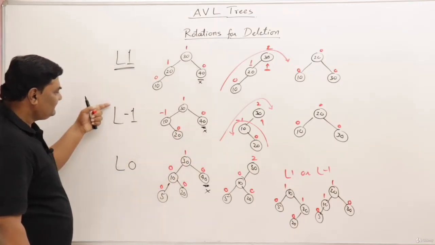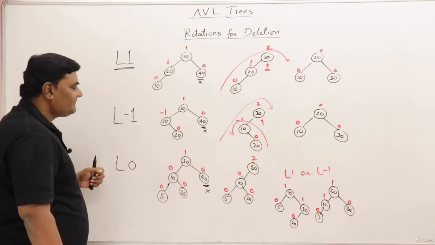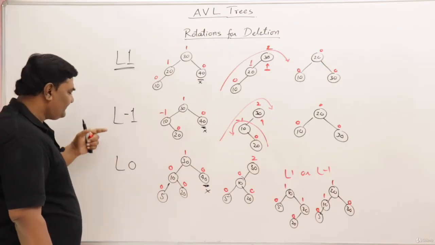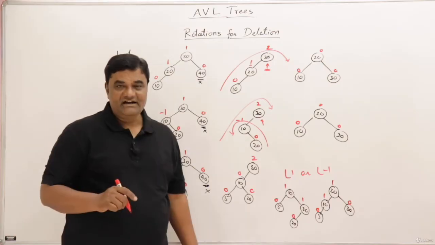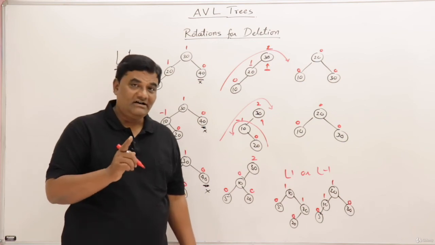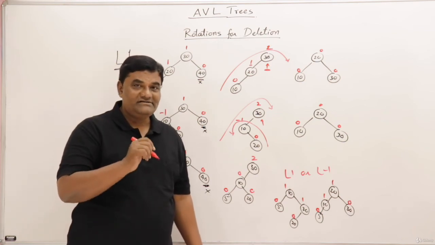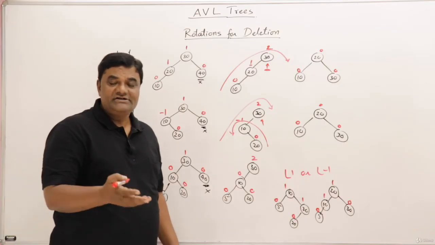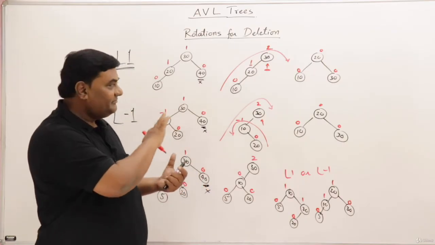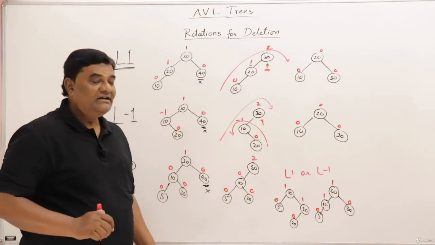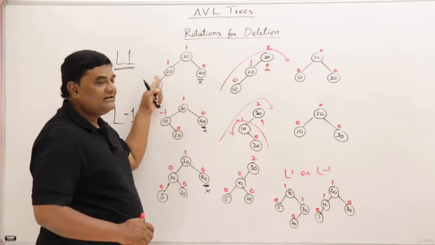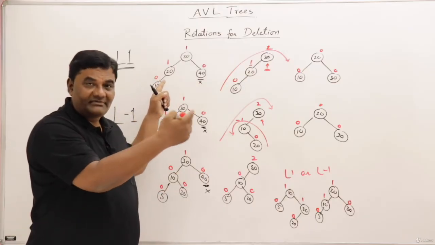So that's why these are L1, L minus 1 and L0 rotation. I hope I don't have to explain R1, R minus 1 and R0 rotation. Those rotations will be similar to these, just a mirror image of these three cases. Deletion will be done from the left side and it will be imbalanced from the right side.